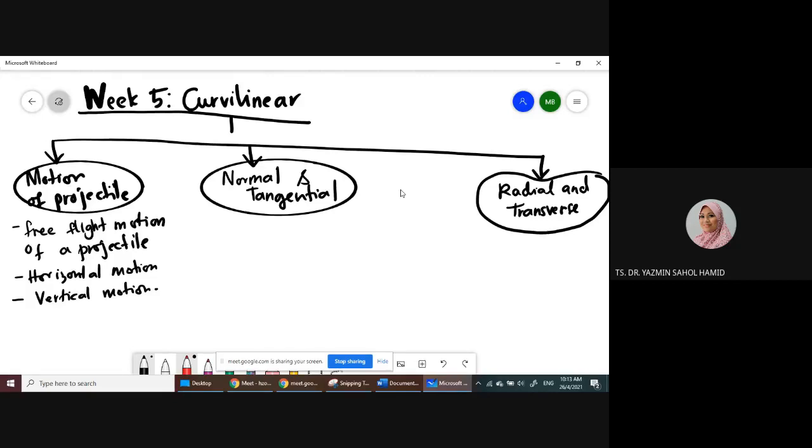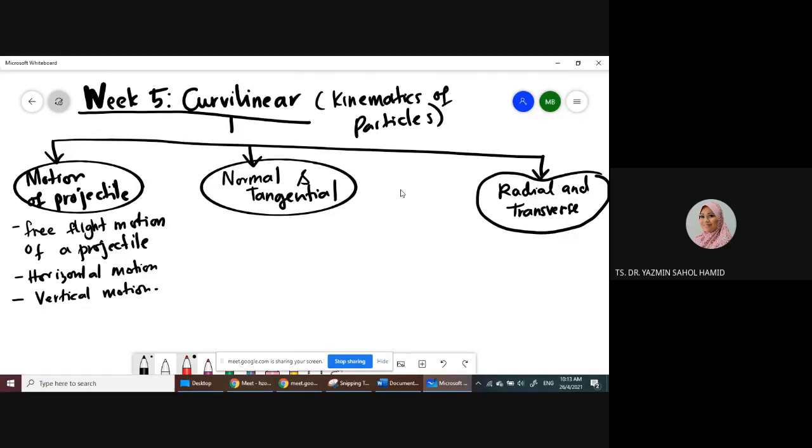When you get the question, the first thing you need to do is decide: this is the topic curvilinear, still kinematics of particles, but then you have to decide, am I going to use motion of projectile, normal and tangential, or radial and transverse?